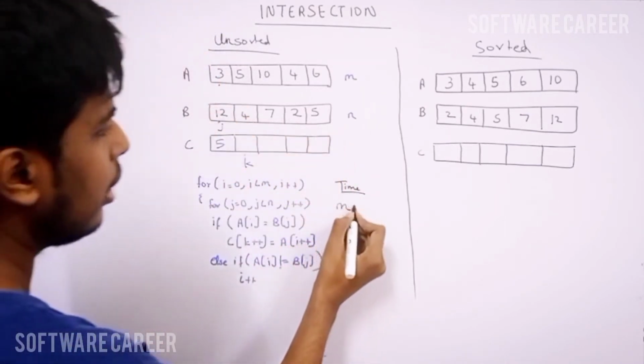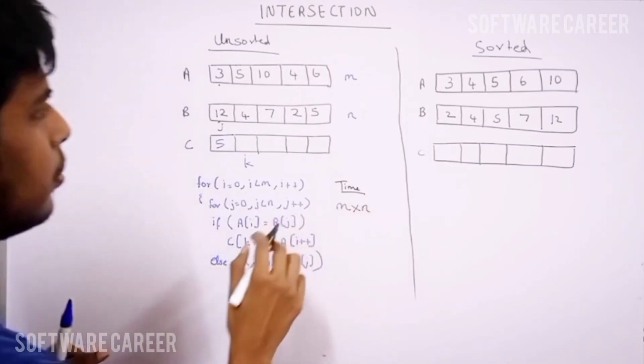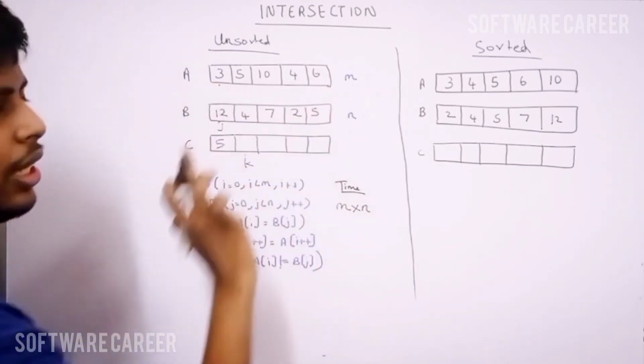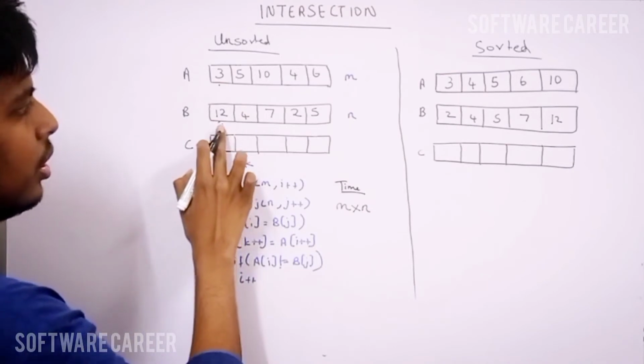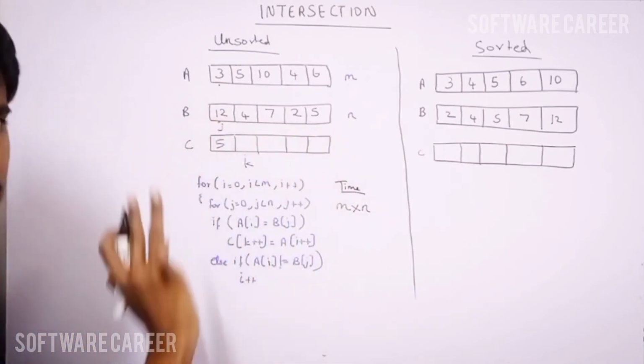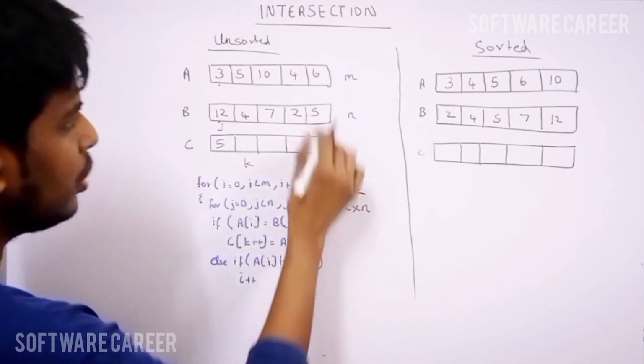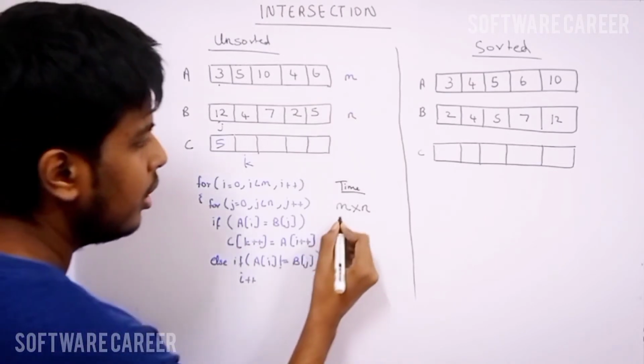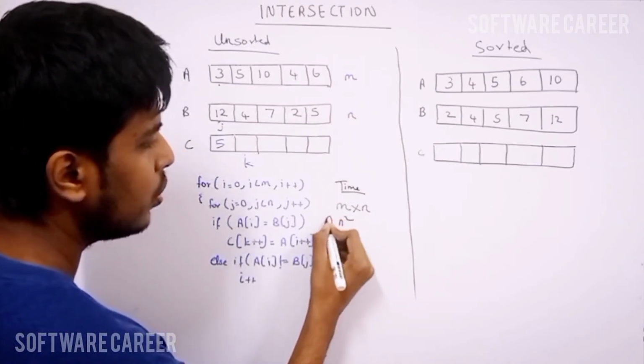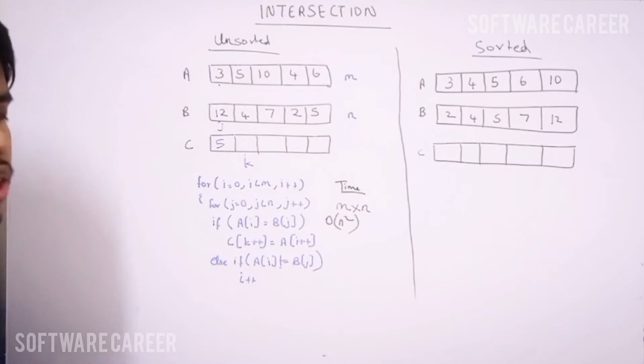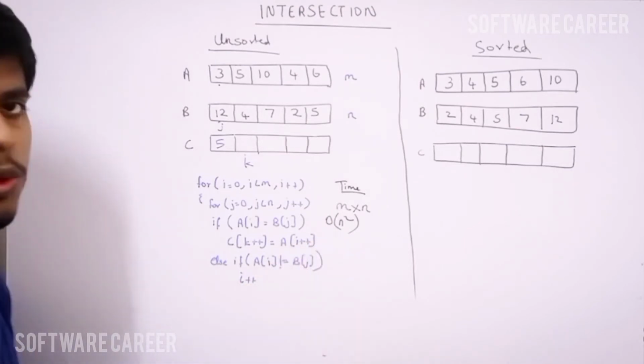So I am writing m into n, because m travel is there in array A and in each travel, n travel is there in array B. So m into n. Now m and n are the same, so I can write n square. So the time complexity is O of n square. This time complexity is more.